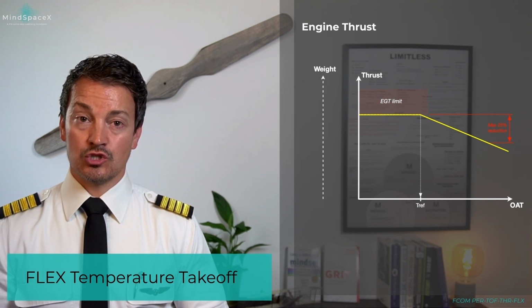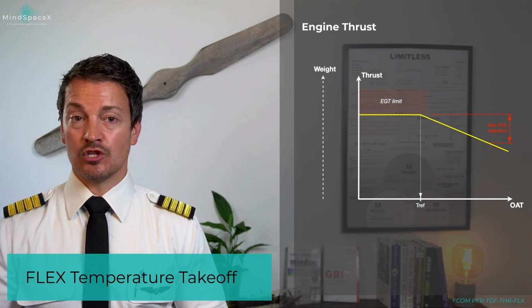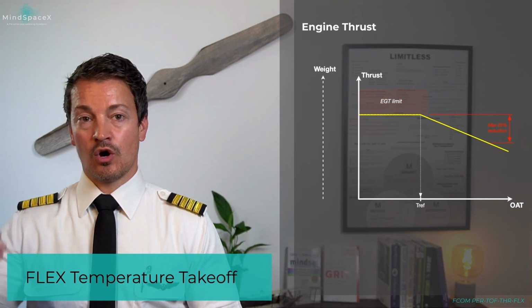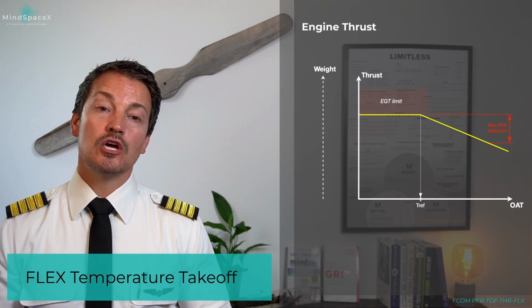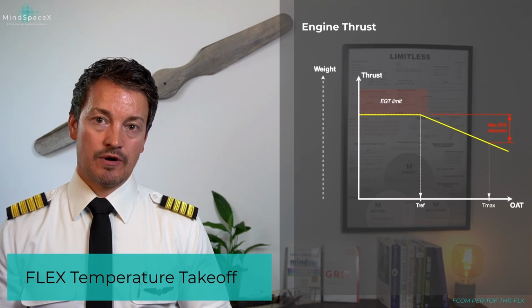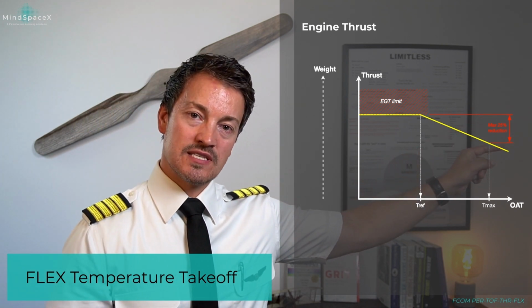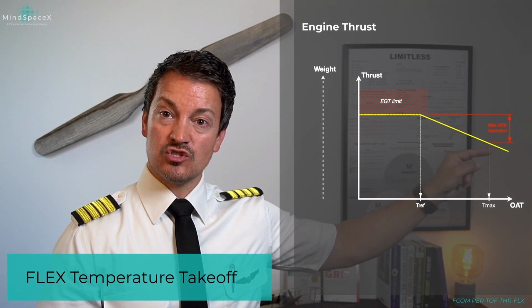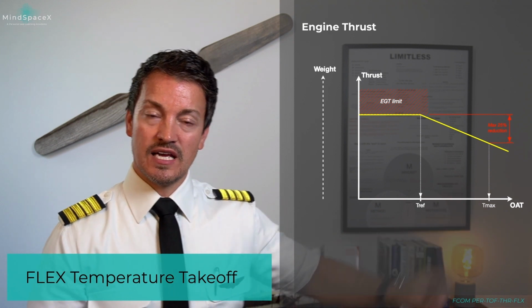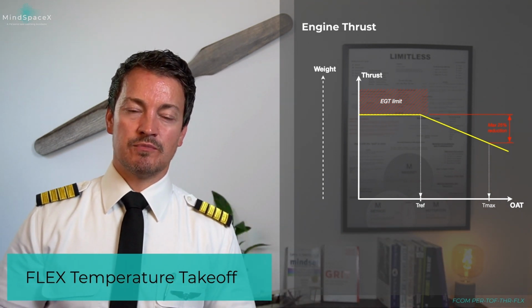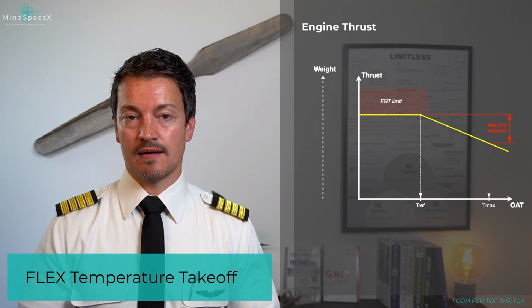This allows the engine to spool up but comes with a time delay, and the lower the reduced power setting, the longer that takes. Maximum 25% reduction in power, and if we were to translate that 25% for this particular engine into a flexible temperature, it gives us a maximum flexible temperature known as Tflex max.